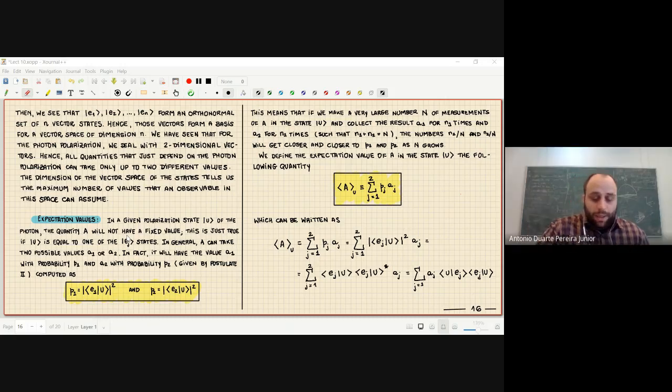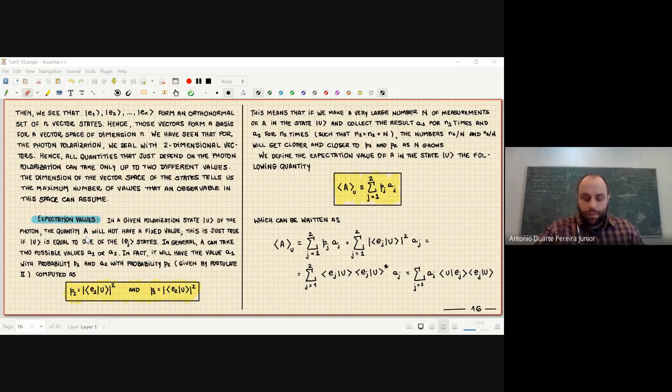Okay? This will be just true if the vector state that describes the photon coincides with the state Ej. And this state Ej, by definition, is the state which gives to me the value little a j for the observable big A.